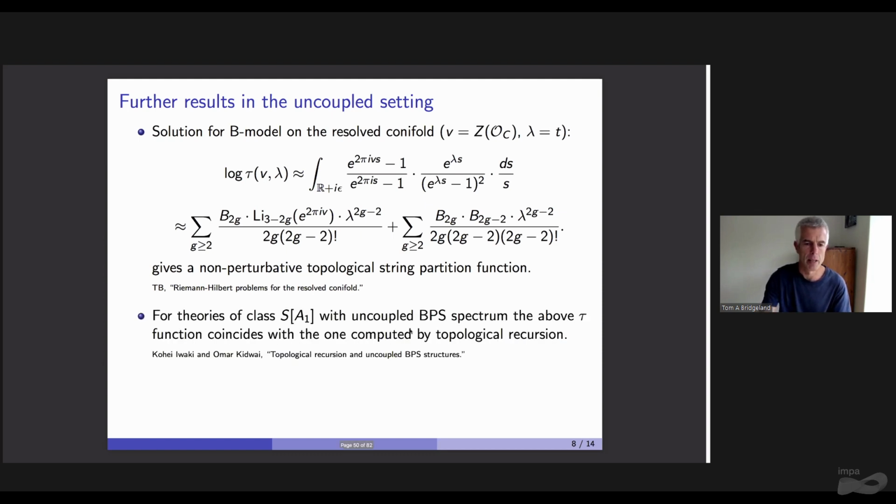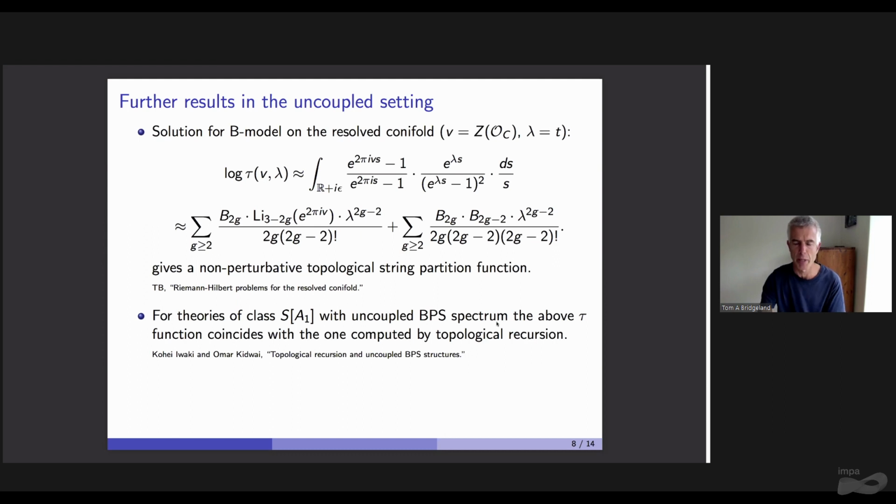And the other thing is that Kohei Iwaki and Omar Kidwai have been studying some very special examples of theories of class S which are uncoupled. So they basically correspond to hypergeometric differential equations.